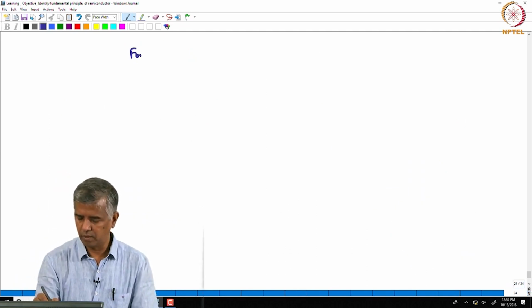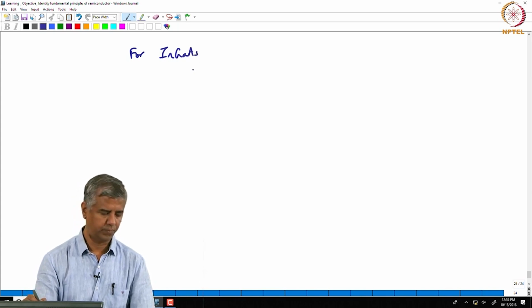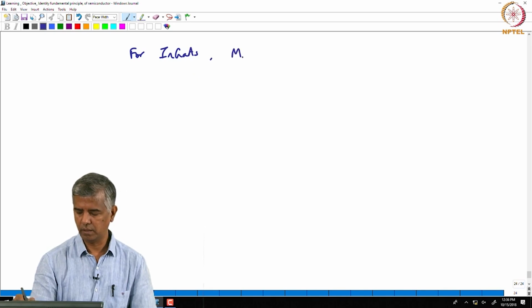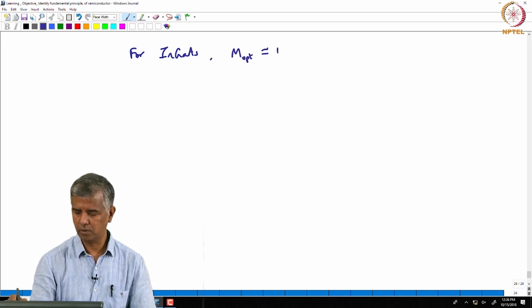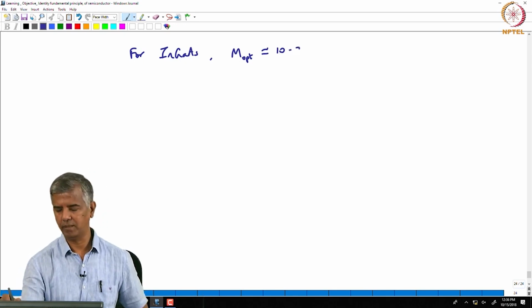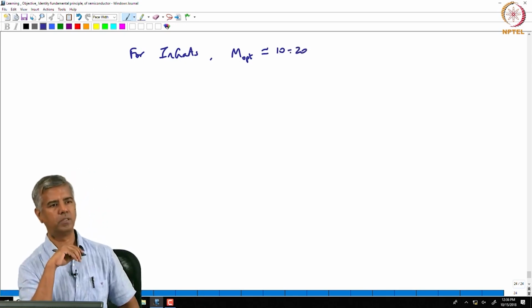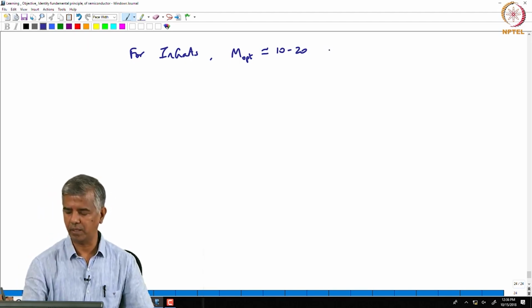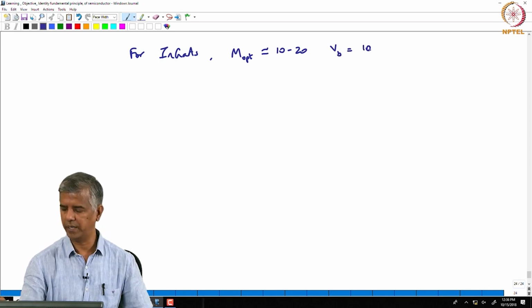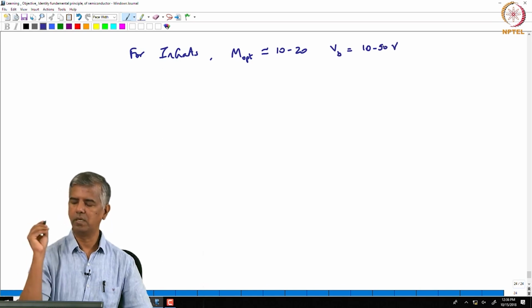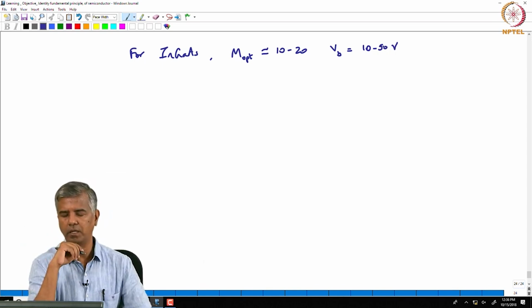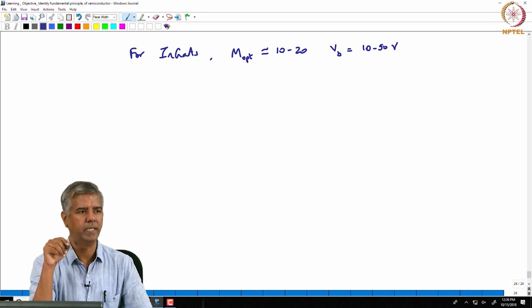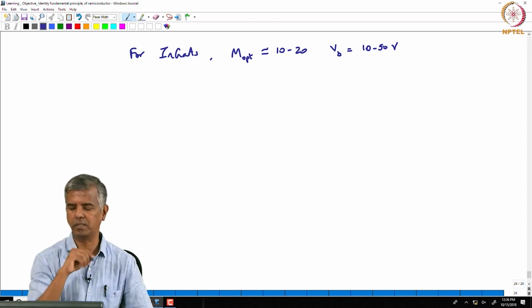For indium gallium arsenide, you can get the optimum gain to be in the order of 10 to 20, before your noise starts picking up. But that you can get with VB, the bias voltage, in the order of 10 to 50 volts itself, because your impact ionization coefficient for indium gallium arsenide is higher than it is for silicon.